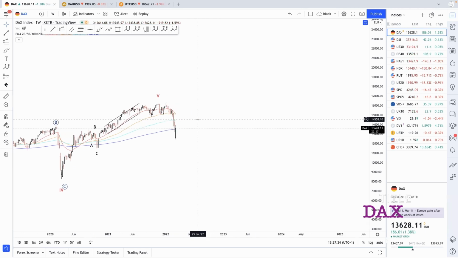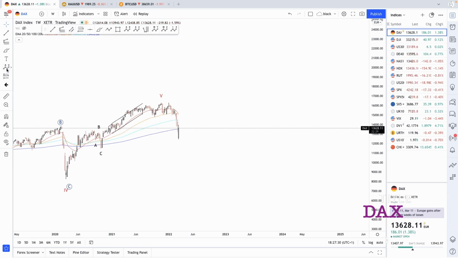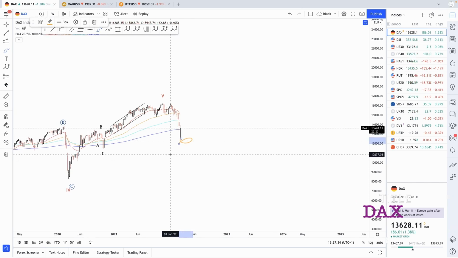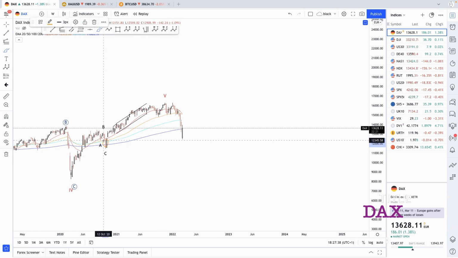So it's not ideal, as we know. It doesn't really mean anything. But Monday, we could open with a gap down here. It's possible. However, we are finding this, and this is strong support. So that's a good thing.